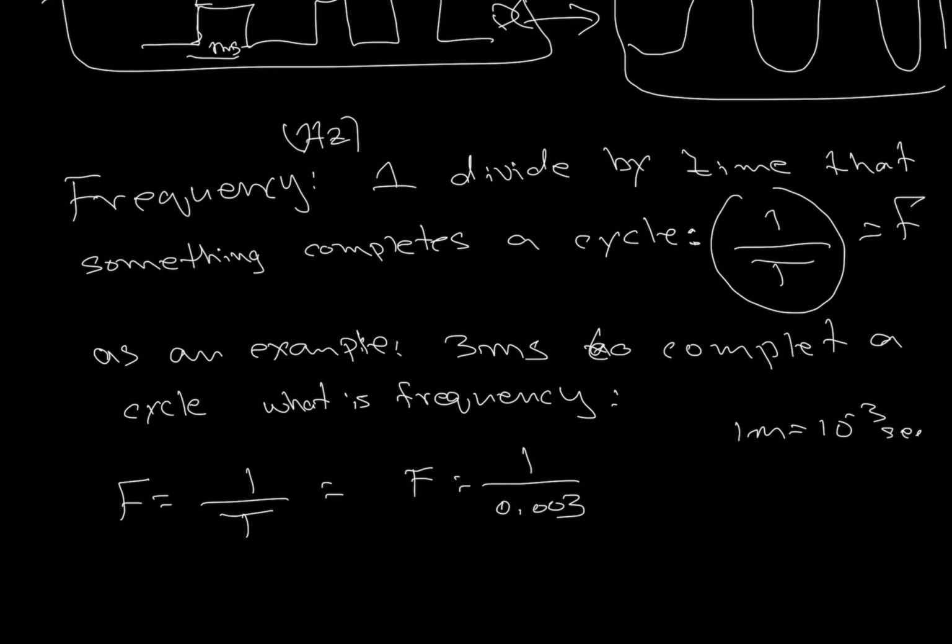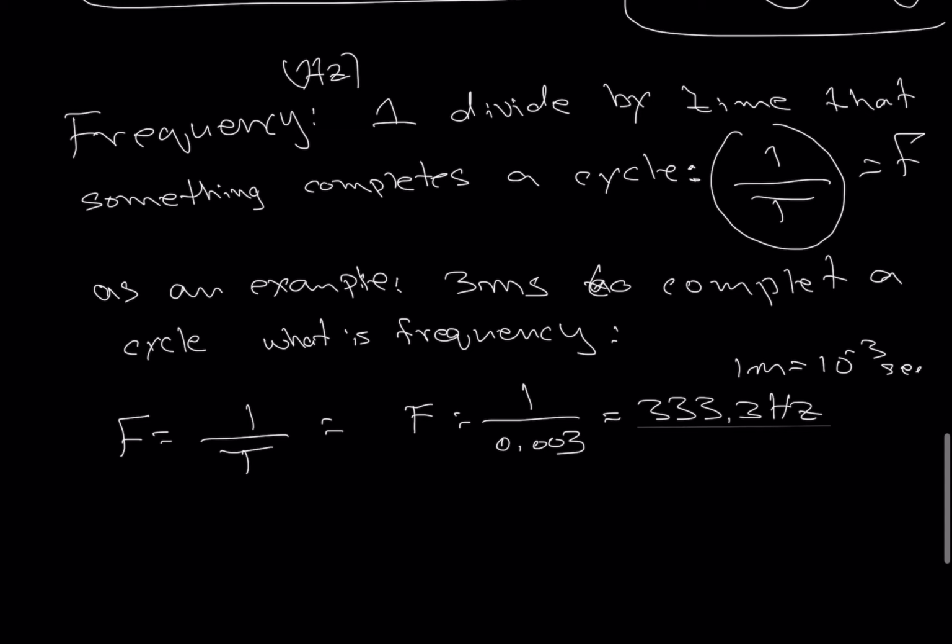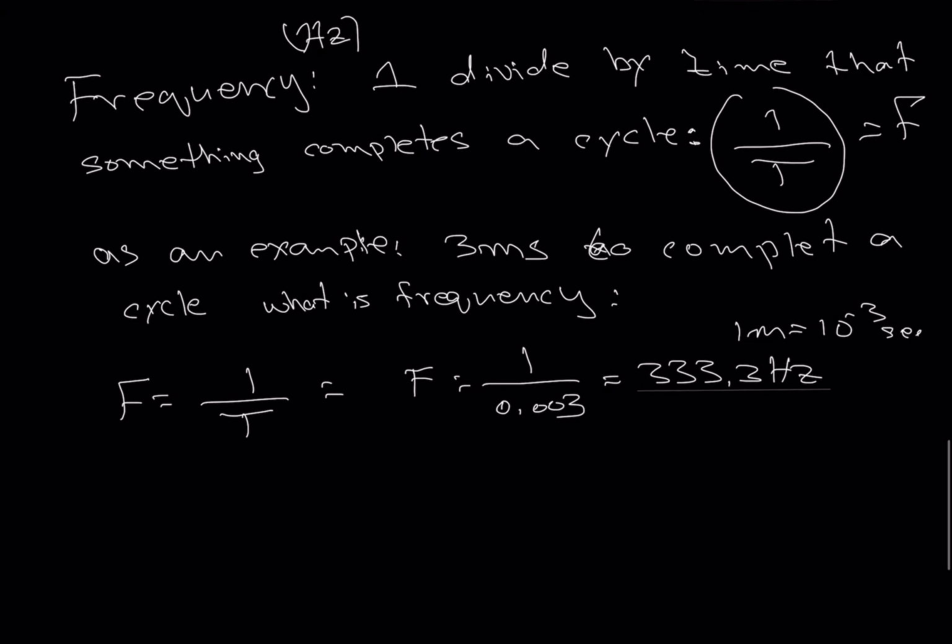If it was 1, it would be 0.001. Now 1 divided by 0.003 will give me 333.33 repeating, but I'll say 333.3 hertz. That's how we measure that. We have to get the data from the oscilloscope for the completed cycle, then do some math and find the frequency from there.